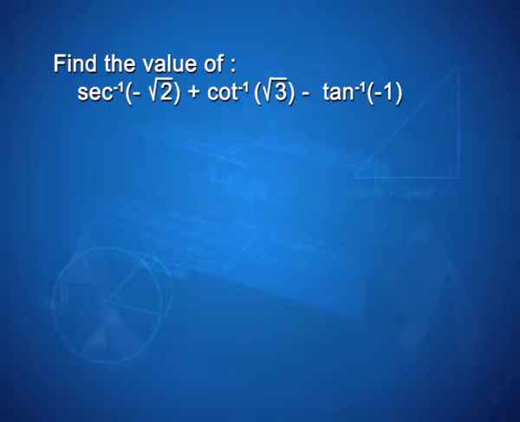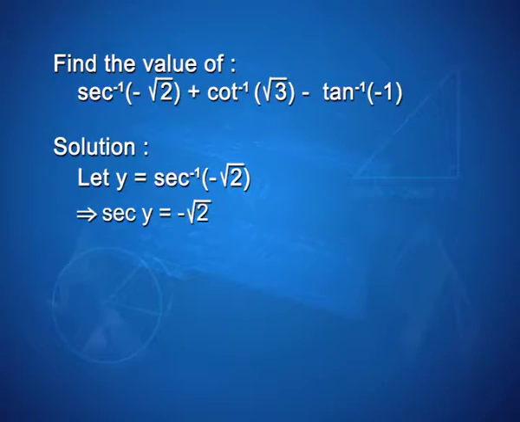Find the value of sec inverse of minus root 2 plus cot inverse of root 3 minus tan inverse of minus 1. It is actually maybe 3 questions put together in one, can be a simple 1 marker, not more than 1 mark definitely. What you need to do is evaluate each of the 3 independently, add them and you have the answer.